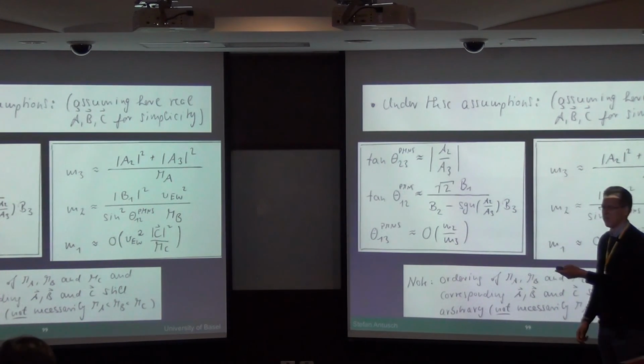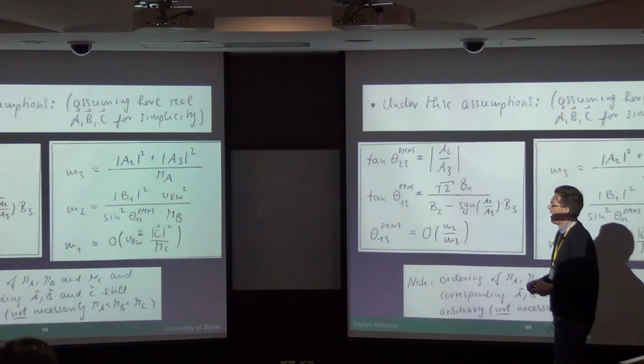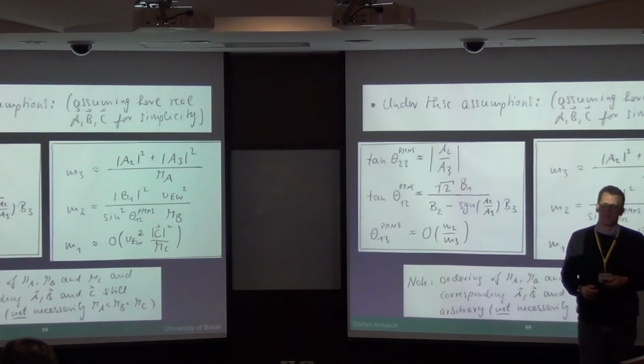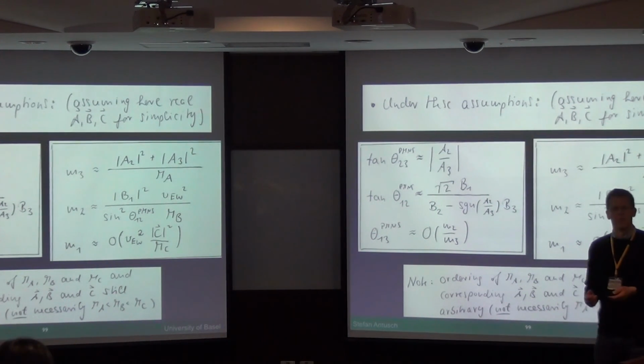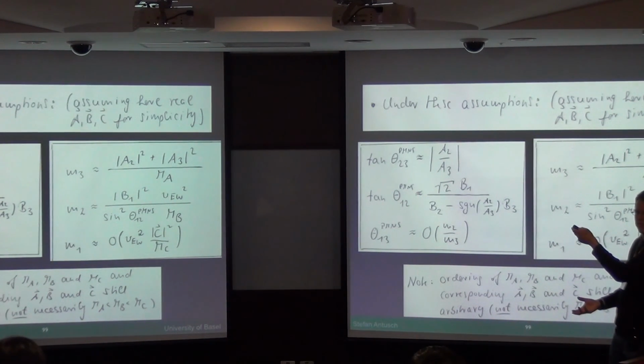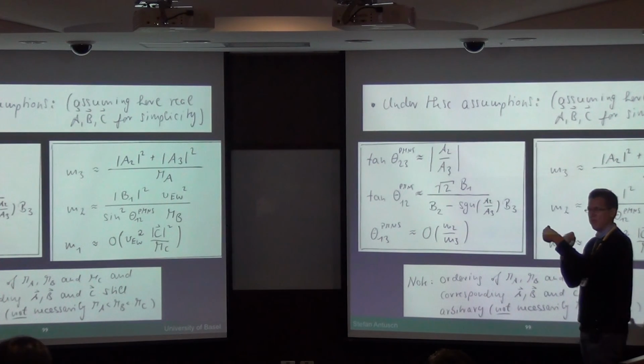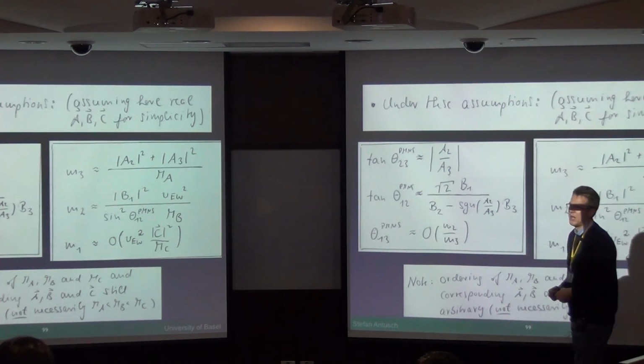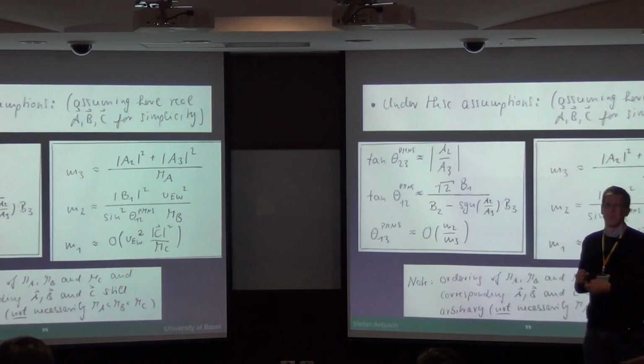This just means that when you want to have a mixing which is close to maximum, like 45 degrees for θ23, so that's what the data is telling us roughly, what you need is just that the second and the third element of the coupling vector to the right-handed neutrino A must be approximately equal. Okay, so that's just one condition.